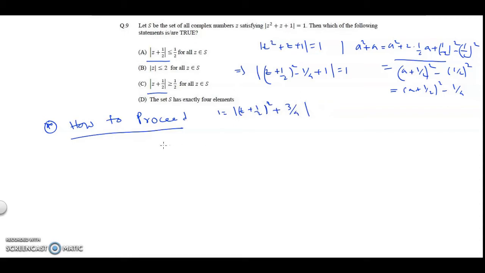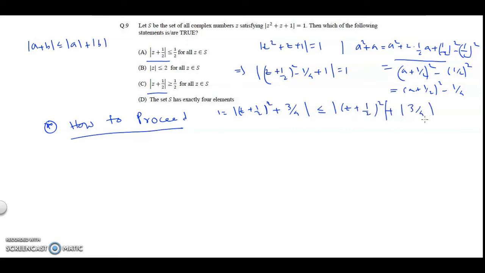Now I will use this concept: modulus of a plus b is less than or equal to modulus of a plus modulus of b. So from this we can write it is less than or equal to modulus of z plus half whole square plus modulus of 3 by 4.